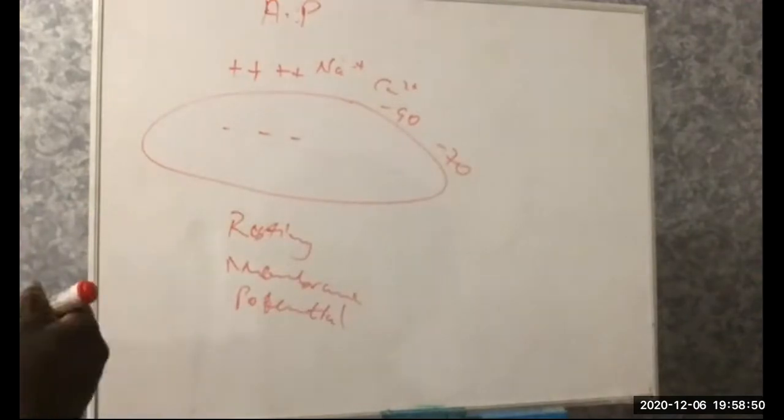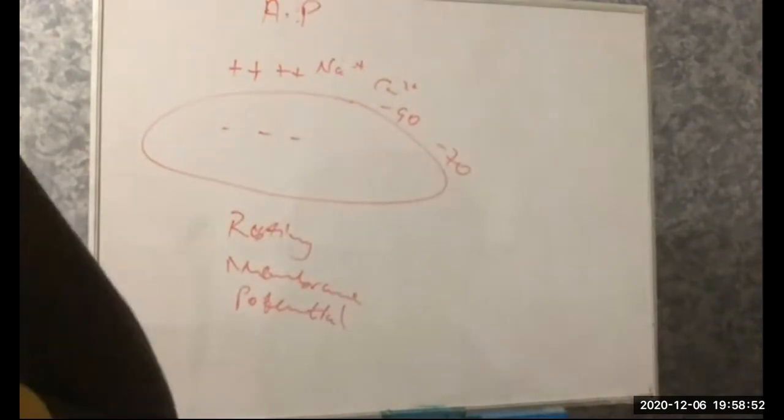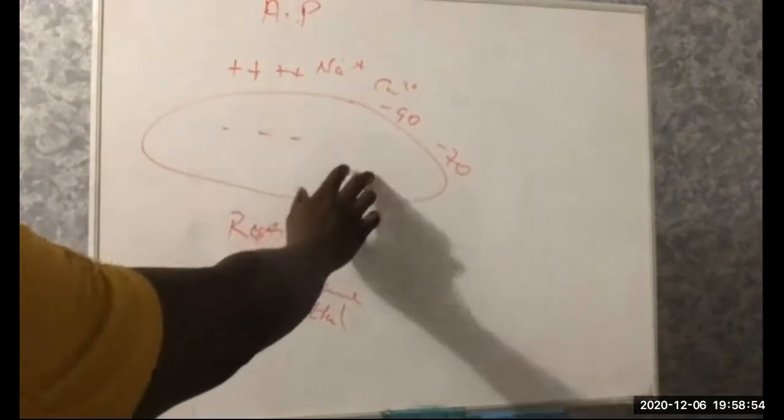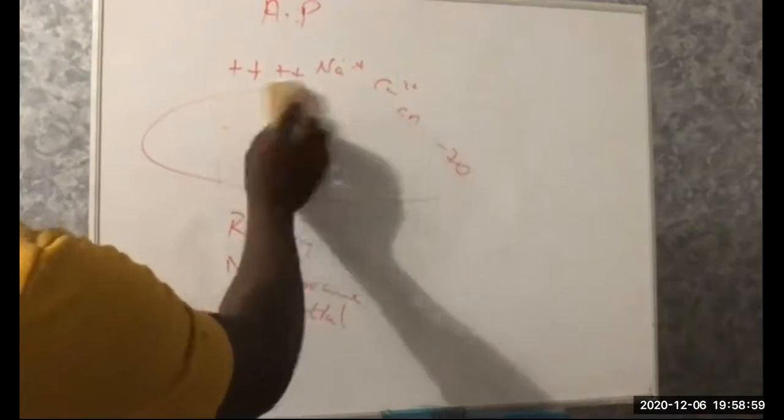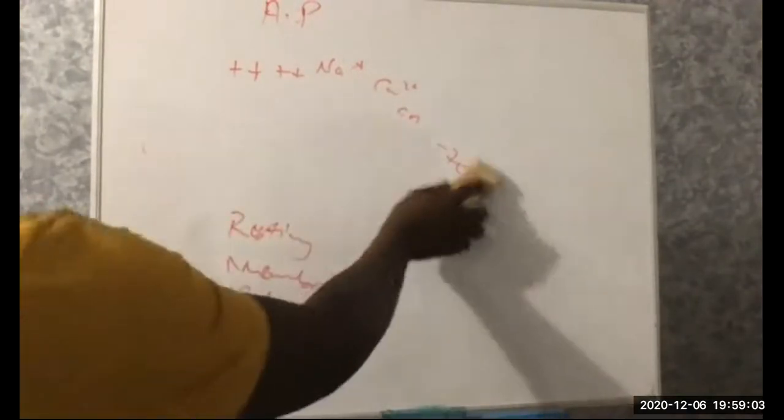Now let's see. Assuming this cell is a neural cell, let me draw it to look like a neural cell.